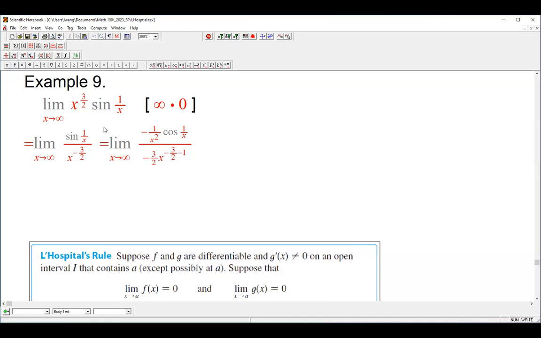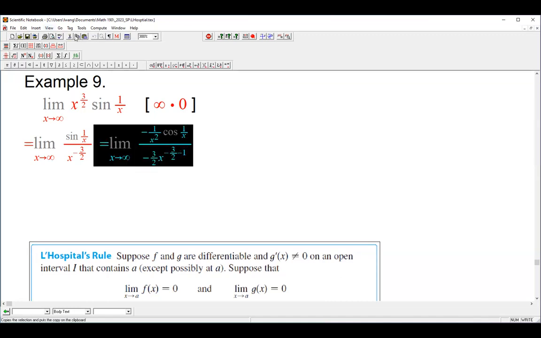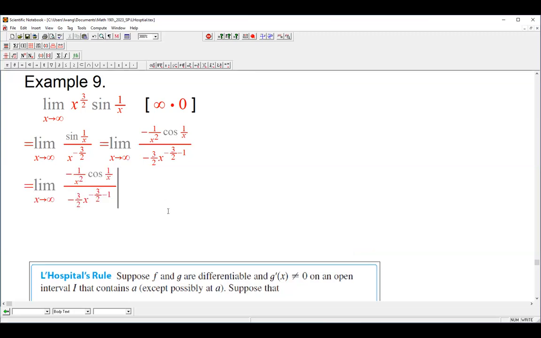Minus 1. And then we're going to simplify. This is a negative 5/2. There is a negative sign and a negative sign, so they cancel and remove the negative sign. And what else? x raised to the power of negative 5/2.